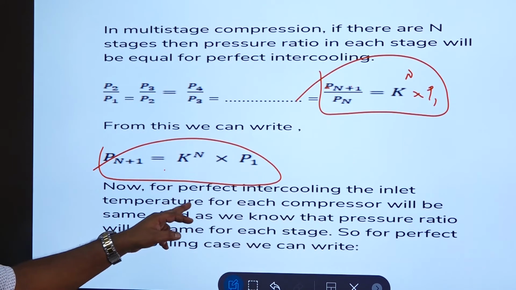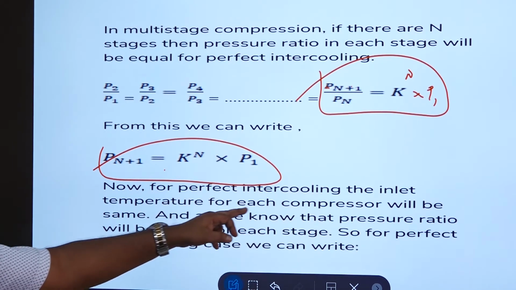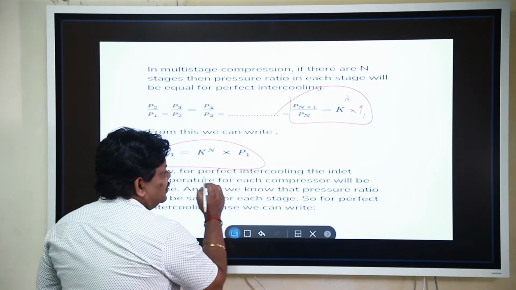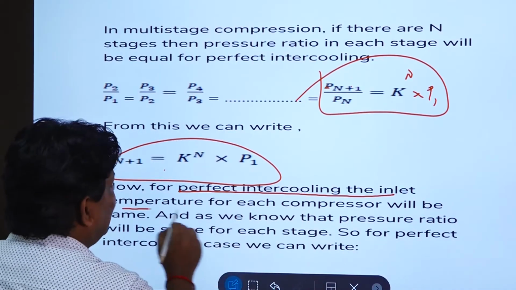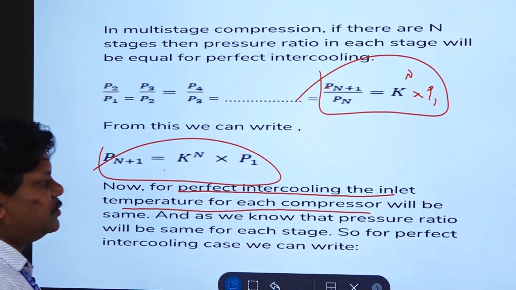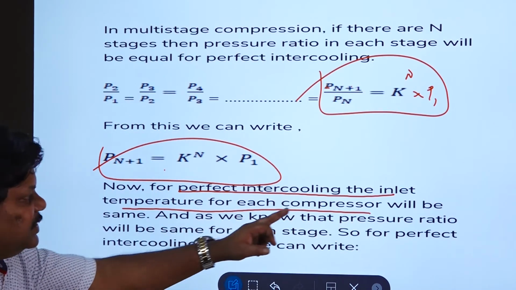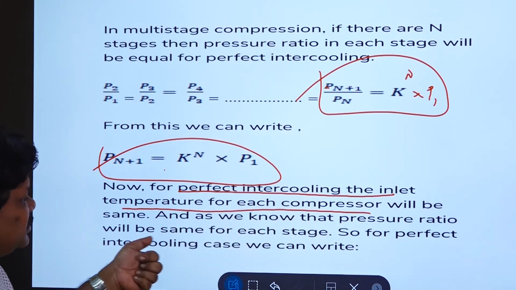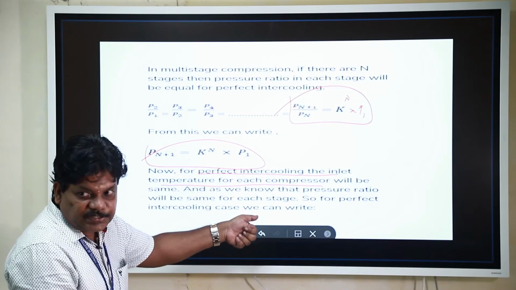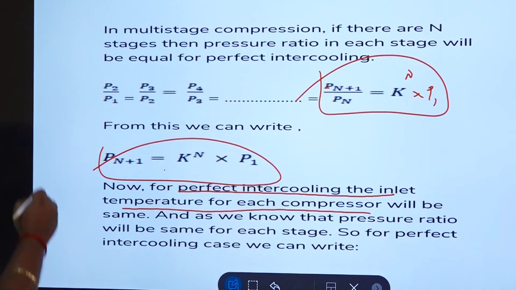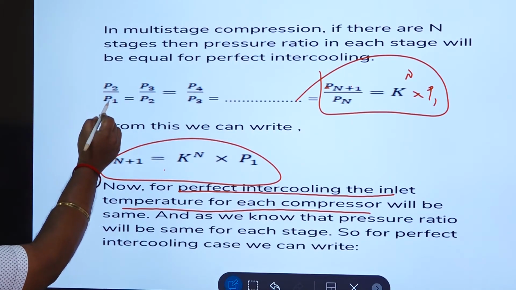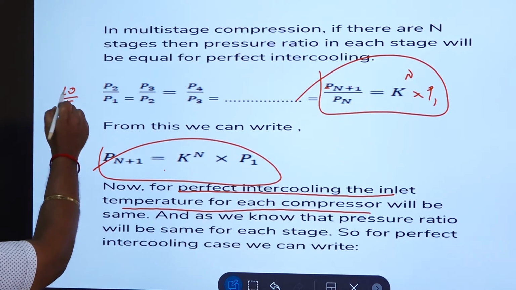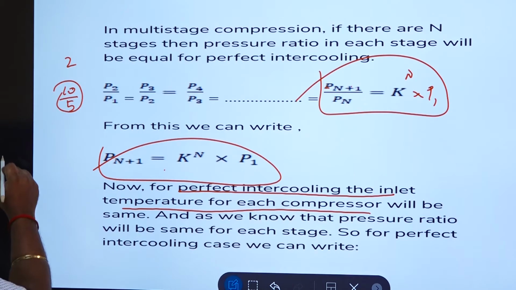For perfect intercooling, the inlet temperature for each compressor will be the same. This is the condition for perfect intercooling, and as we know, the pressure ratio will be the same for each stage. For example, P2 by P1 may be 10 by 5, that is equal to 2.